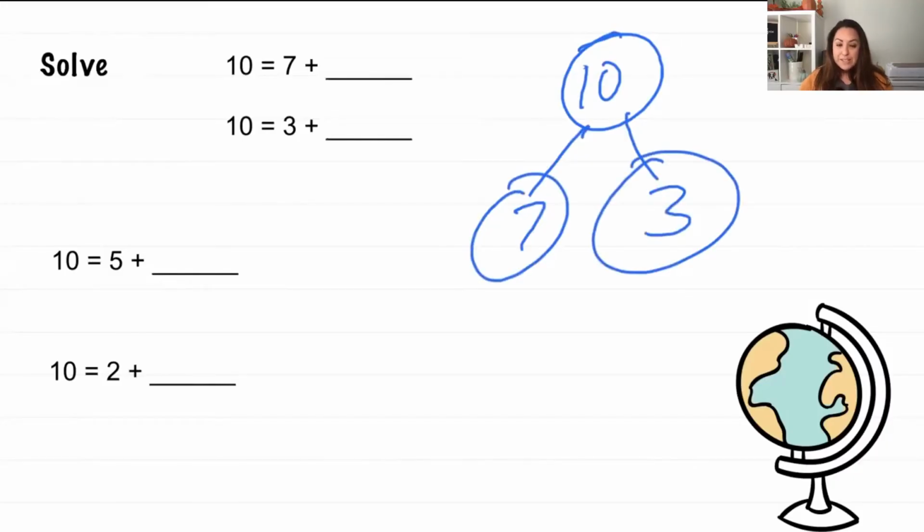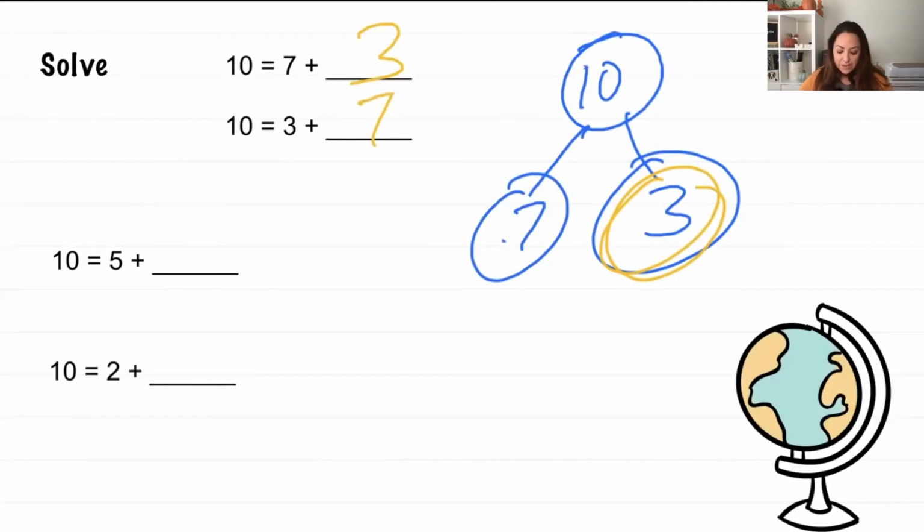So 10 equals 7 plus, and I'm going to get my number from right here, 3. Now let's look at the next one. 10 equals 3 plus, well, I know that I can add in any order. So I know that 3 plus 7 equals 10.